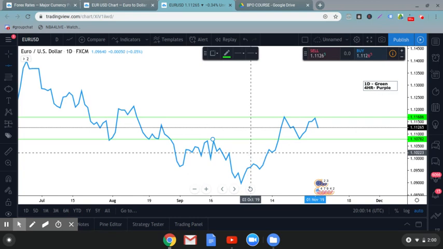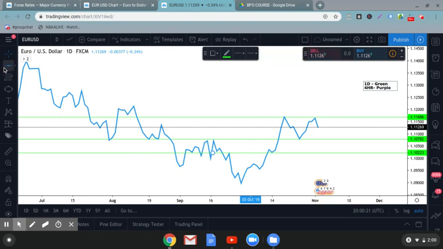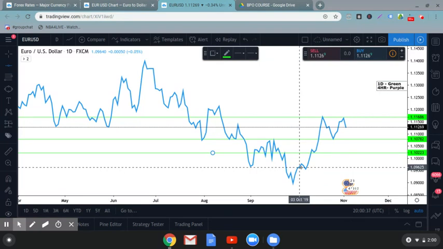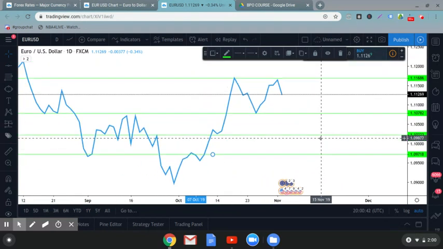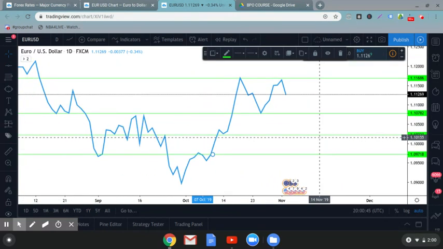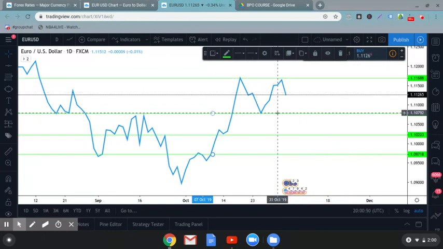I personally like to see a lot of touches, so I'll mark up a few, even here. I'm looking for a lot of touches when I'm marking these up and a lot of market indecision.